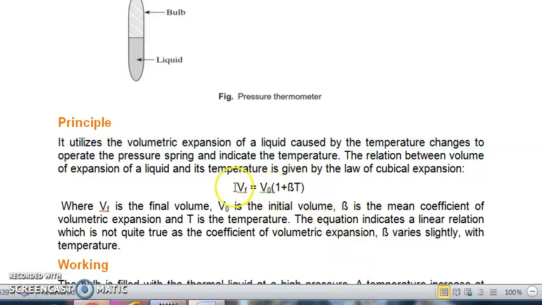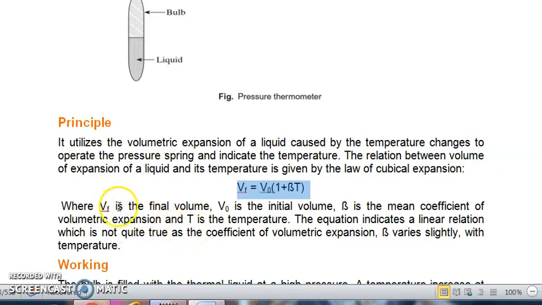The mathematical relation is Vf = V0 (1 + βT), where Vf is the final volume, V0 is the initial volume. The initial volume means when the temperature is at normal room temperature or maybe at zero temperature or working condition temperature.